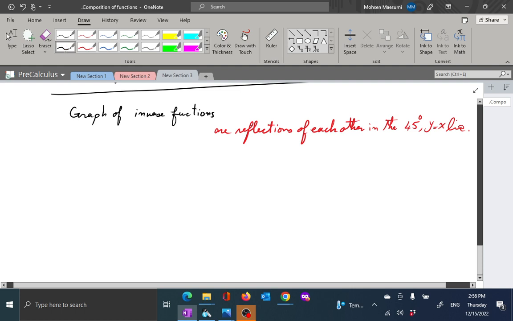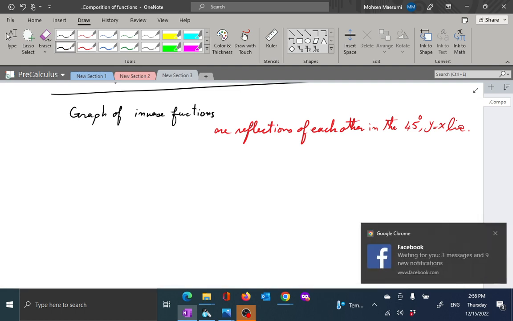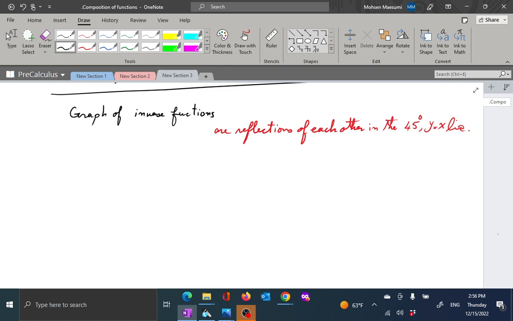To show that, let me briefly remind you, if you have a square and you draw a diagonal of that square, then if you think that the diagonal was a mirror, the reflection of half of this square will be the other half.